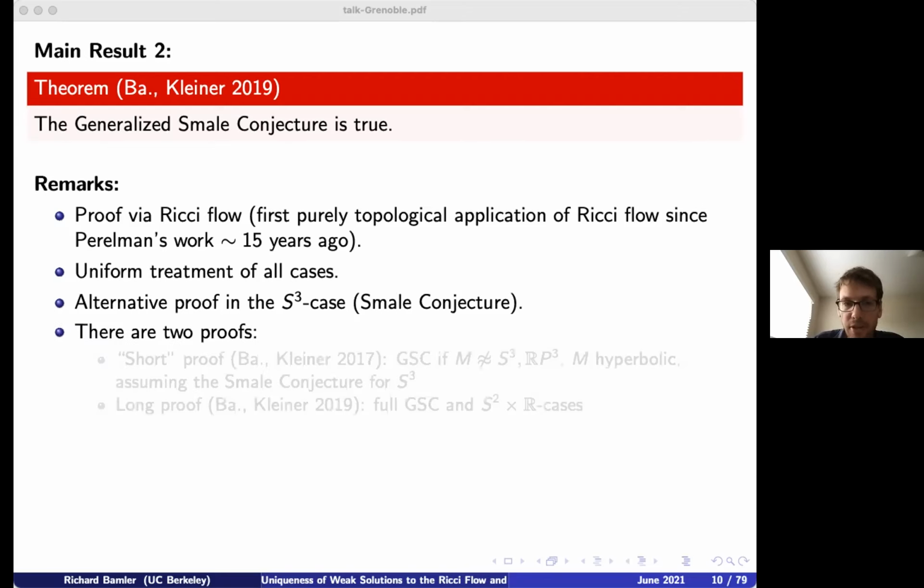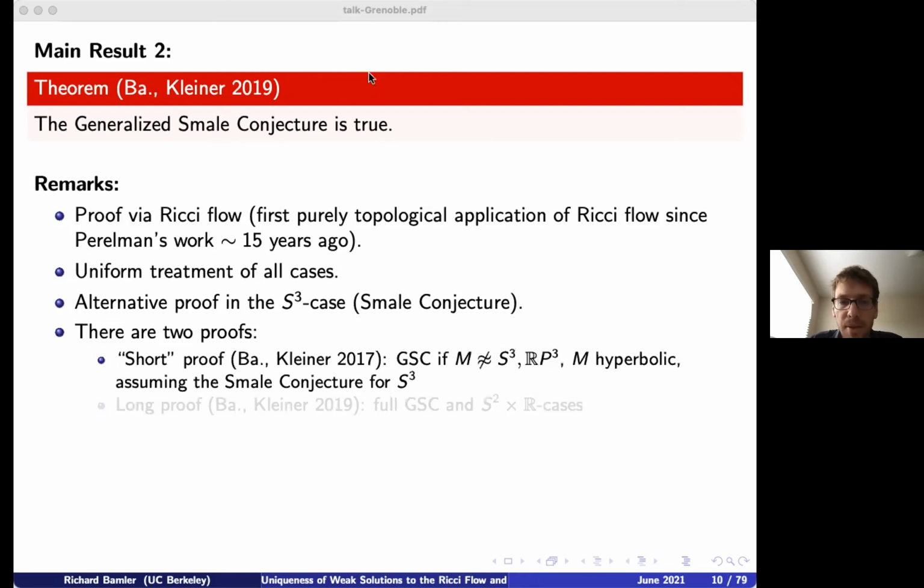And then I should mention, and we'll get back to this in the fourth class, that there are two proofs of this using Ricci flow. There's a relatively short argument, and I hope I can present this in the fourth class, which shows the generalized Smale conjecture, but not in the case S3 or RP3.